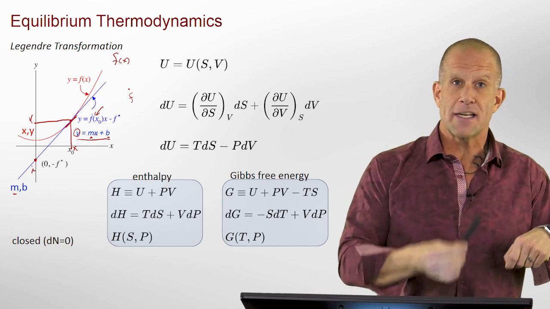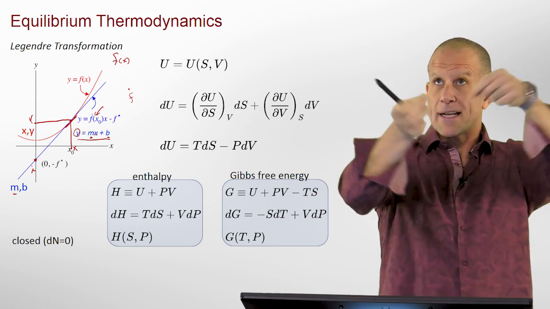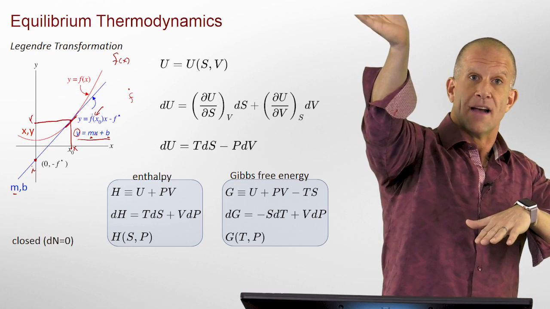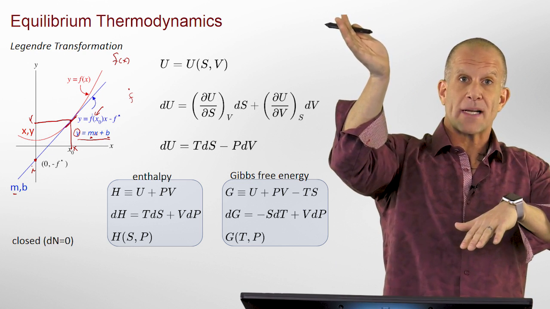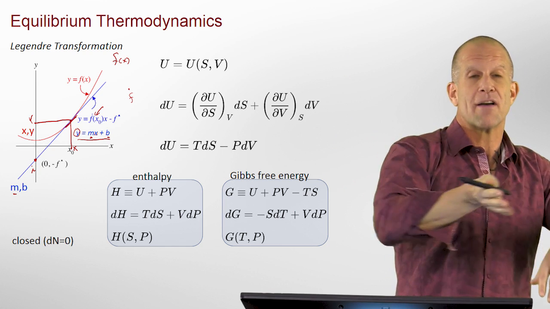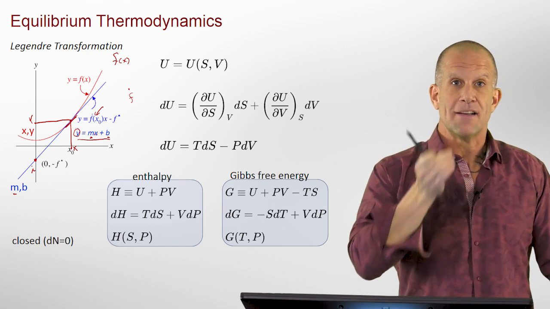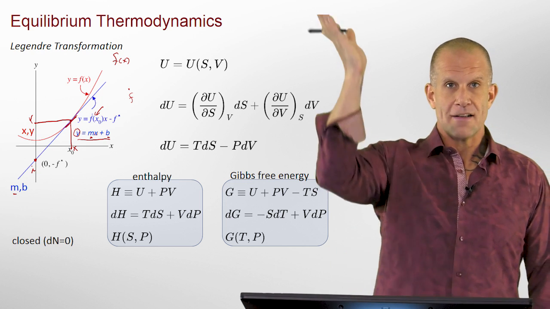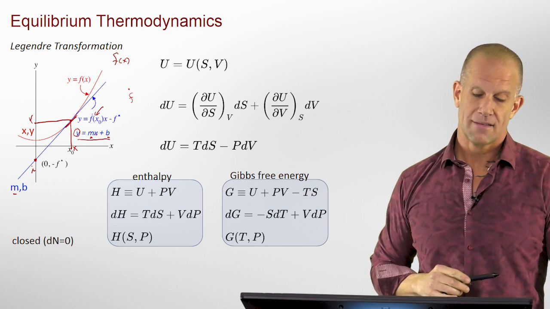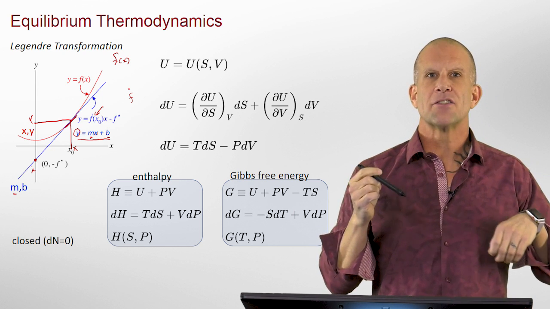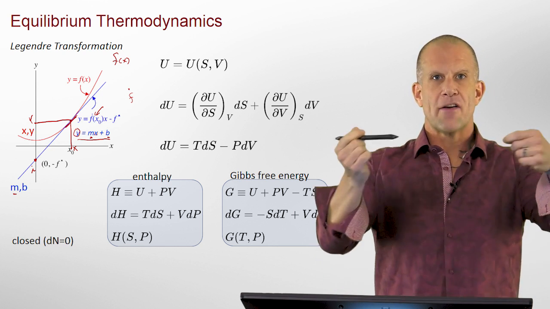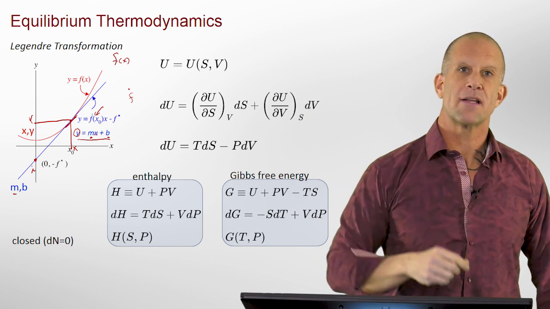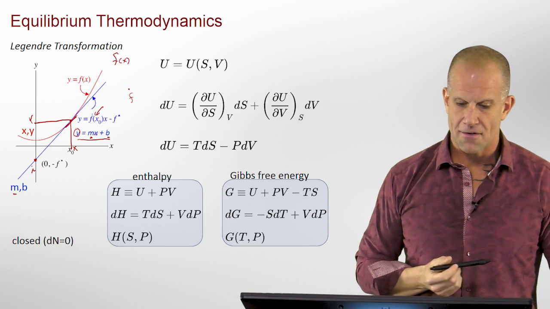We've changed the dependent variables from x and y to the derivative of y with respect to x and a y point where, in a sense, its intercept is along the y-axis of that tangential line. So that allows us to change variables, right, based on a derivative property of the function itself.